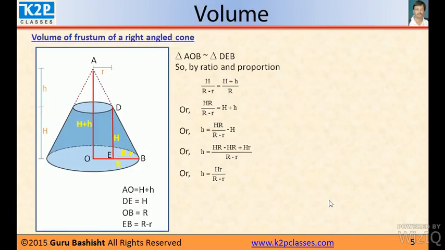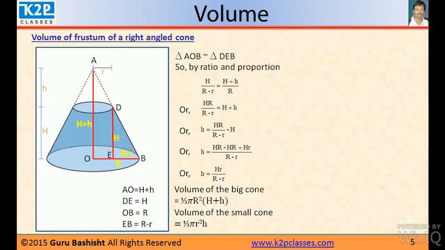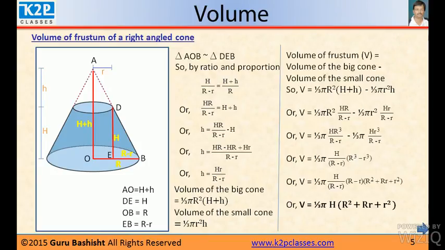Now, volume of the big cone is pi by 3 R square into (H plus h), and the volume of the small cone is pi by 3 r square into small h. Volume of the frustum equals volume of the big cone minus volume of the small cone. So volume of the frustum V equals 1 by 3 pi R square (H plus h) minus 1 by 3 pi r square h.